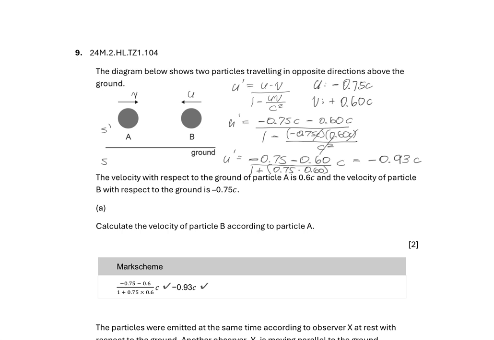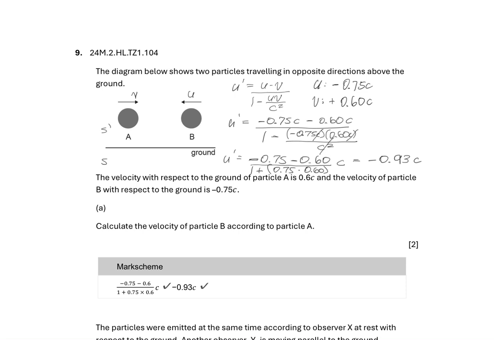Okay, so we have 2 events, objects, whatever, A and B, and it says that relative to the ground, to reference frame S, the velocity of A is 0.6c. We can call that the S prime frame, so V for the velocity of S prime.